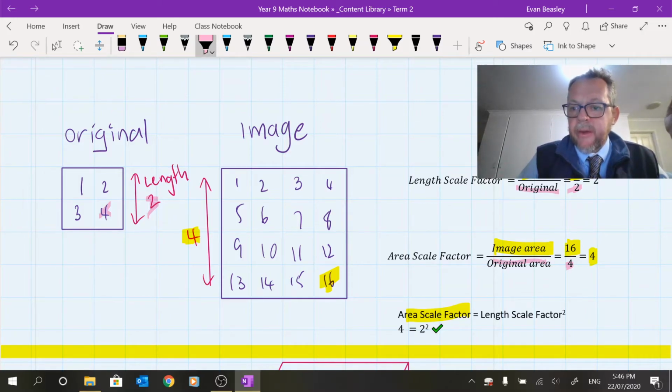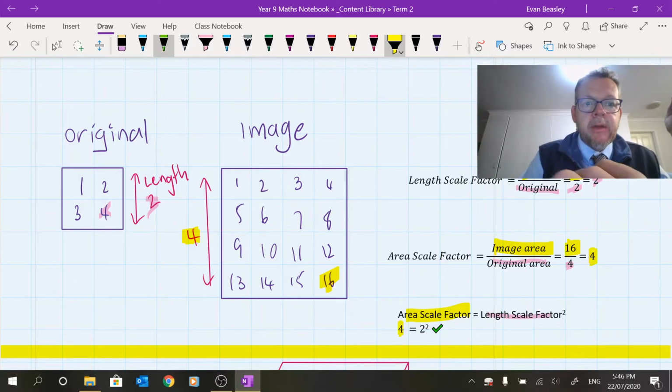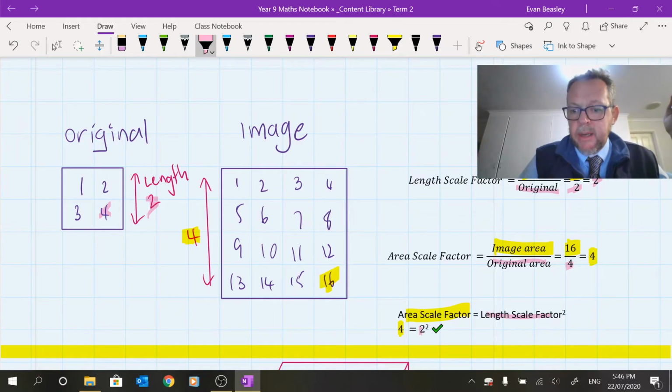What's my length scale factor? It is 2. So let's do that. Is 4 the same as saying 2 squared? Yeah, and of course it is. 2 times 2 is 4. So yeah, that holds to be true.